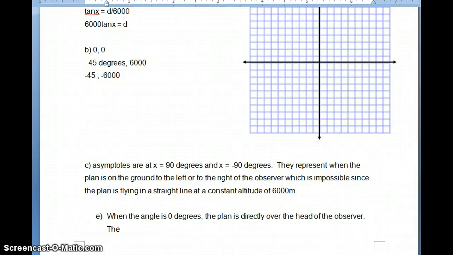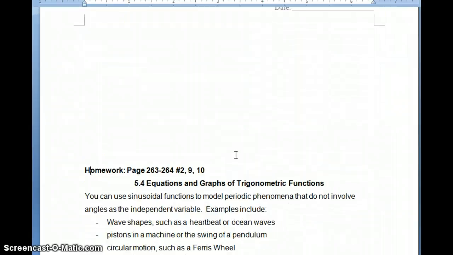That also means the horizontal distance is 0 meters. Just remember that horizontal distance is not the vertical distance, it is the horizontal distance there. Alright, so that should be it there.